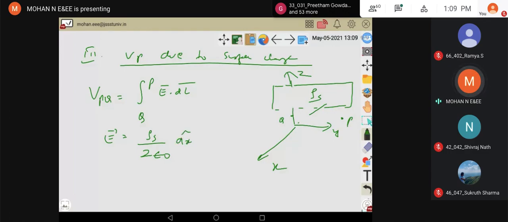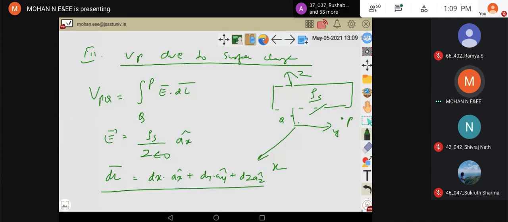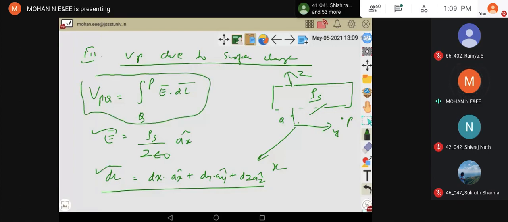In this case, it is ax cap because x is normal to the yz plane. And here dl vector is nothing but dx ax cap plus dy ay cap plus dz az cap in Cartesian coordinates. Now I got E vector and dl vector. Substitute in this equation, and you can solve for the expression.